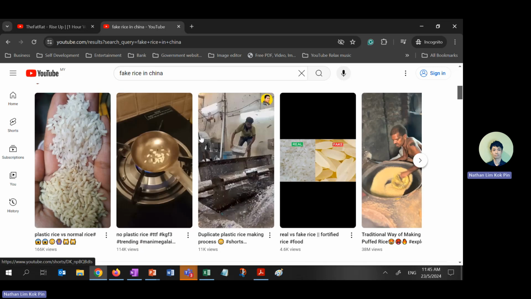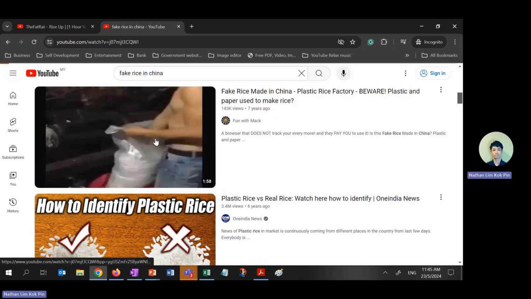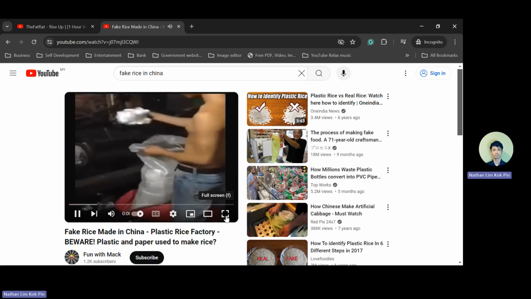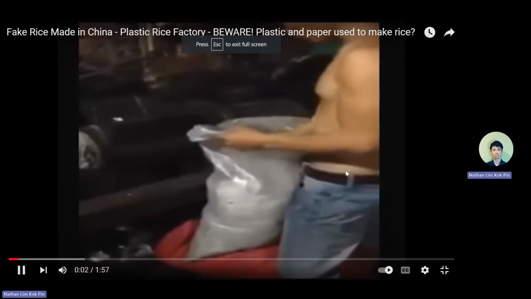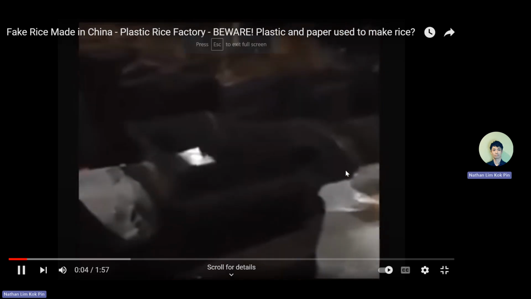It's actually plastic. This is the fake rice. What I mean is that an underground market doesn't mean that you must realize or discover it yourself. It can also be really fake.